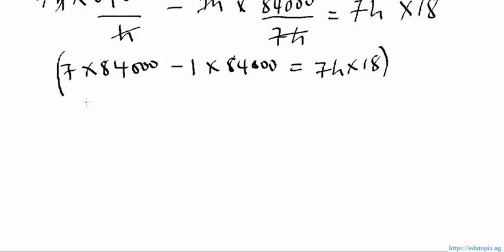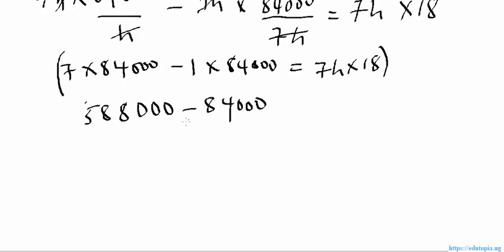Let me just proceed. If I multiply 7 by 84,000, we have 588,000 minus 1 times 84,000.